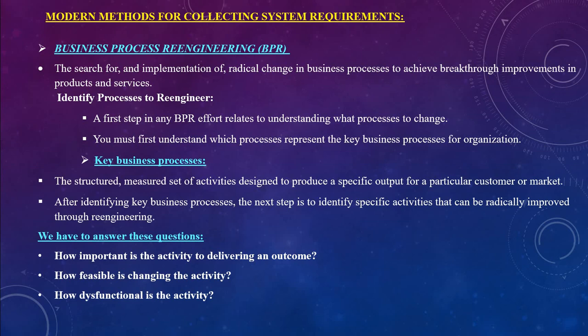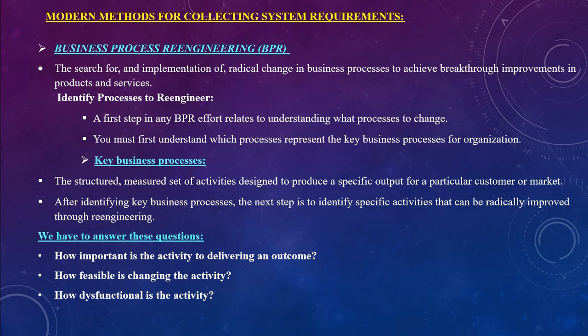BPR will have different processes or different steps, and each and every step will be discussed in the material that I will upload in the Google Classroom. You can see there the different steps involved in the business process re-engineering method.